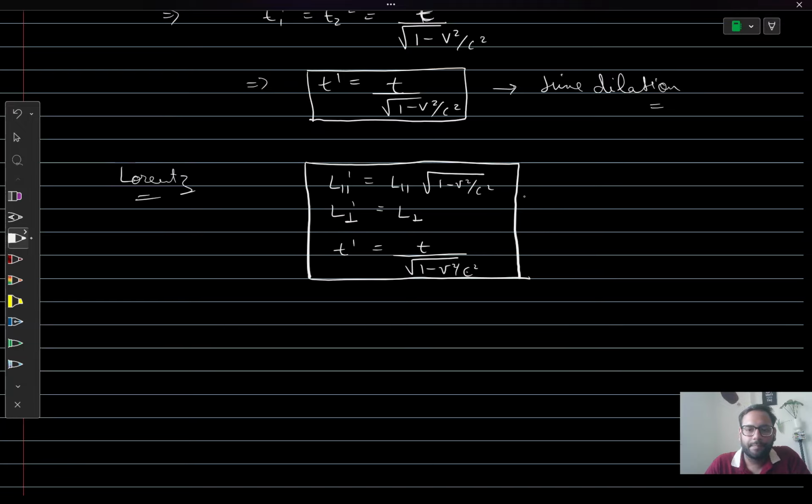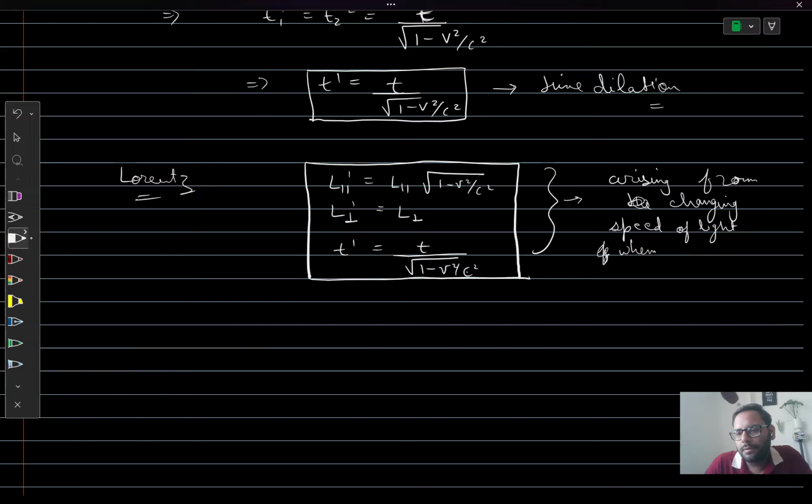But these equations are actually arising from the changing speed of light when moving from one reference frame to another.